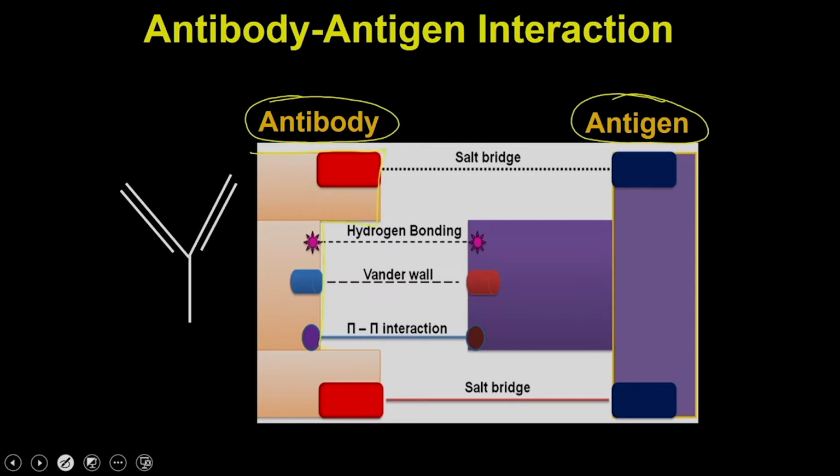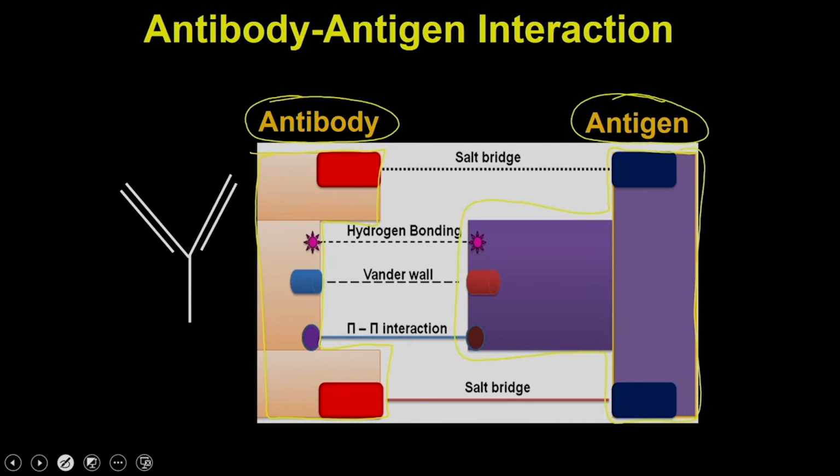So, you have a 3-dimensional structure which is comprised of the antibody, and the antigens which map to a similar kind of 3-dimensional structure are allowed to interact with the antibodies.